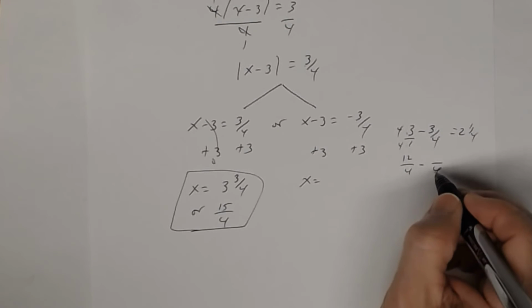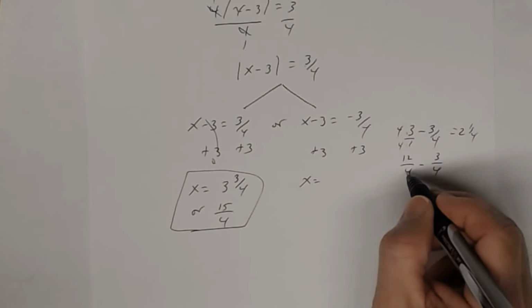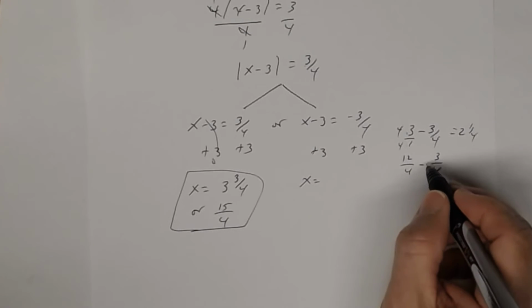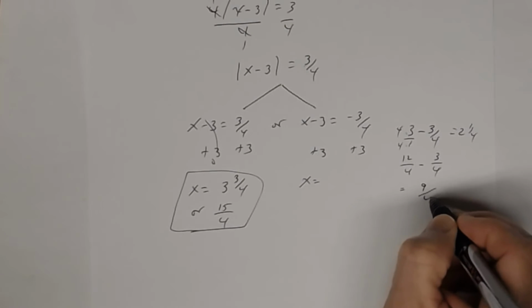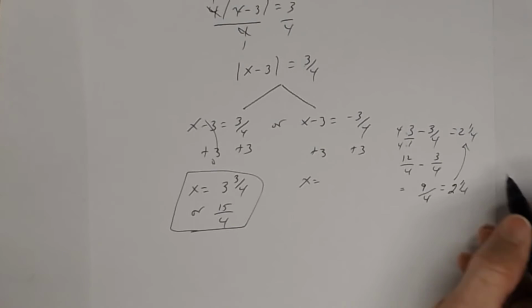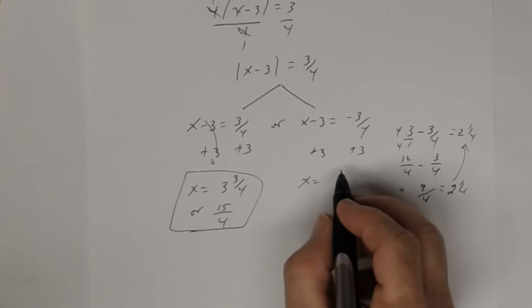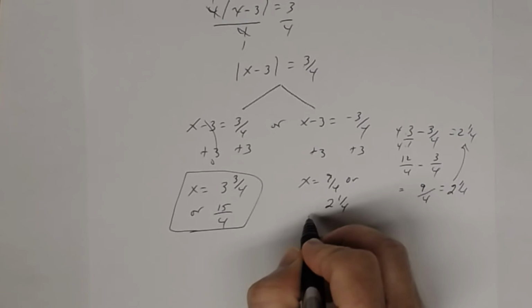Here, the denominators are already the same, so the numerators stay the same. Now the denominators are the same, so 12 subtract 3 is 9. And 9 divided by 4 is 2 and 1/4, which is what we had here. So the solution here would be either 9/4 or 2 and 1/4.